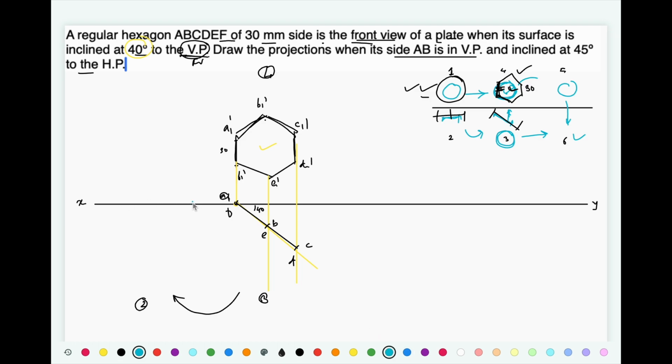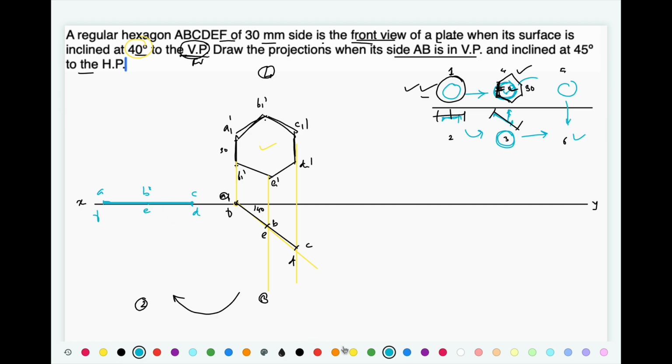So I'll mark the first point CD, take a distance of AF and CD in a compass. I'll locate that A. So this is AF and let's say somewhere here I have got the points B and E, and this is the top view.